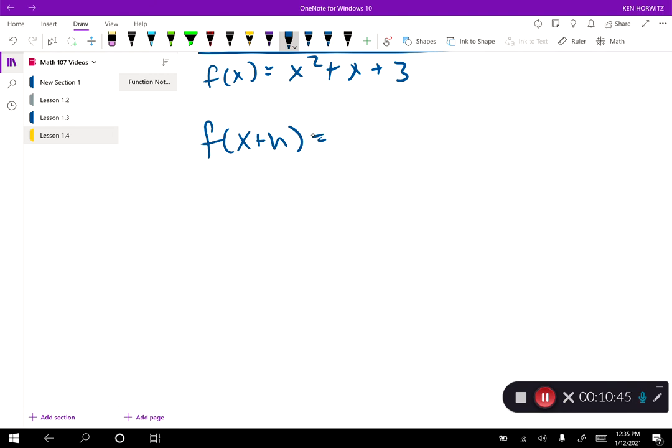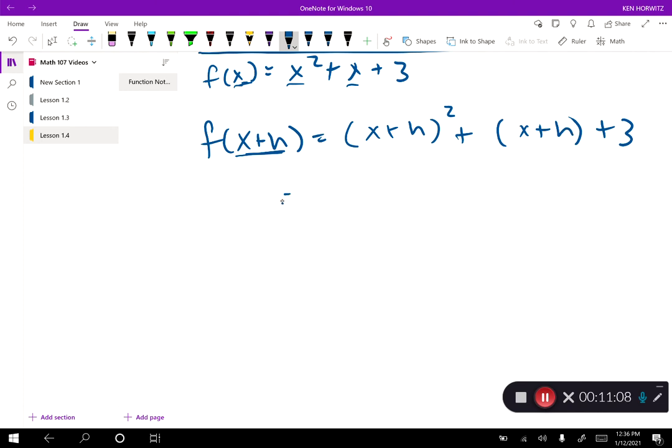All right? So the first thing I'm going to do is simply rewrite my rule with parentheses instead of x, because whatever goes in this parenthesis has to go here and here. So whatever goes in this parenthesis, x plus h, has to go here and here.